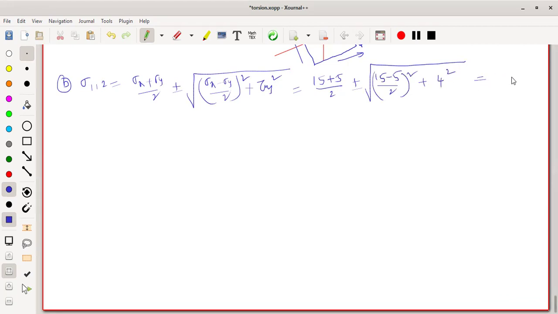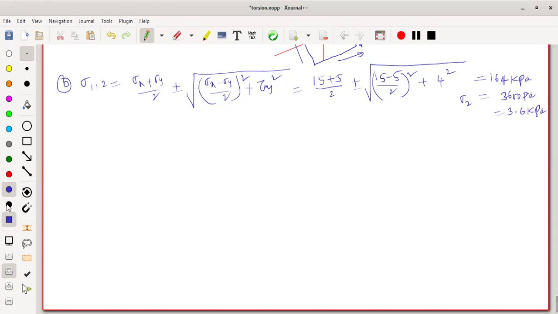So the answer for this one is 16.4 kilopascals. Simultaneously, if you want to go with sigma 2, sigma 2 is 3600 pascals. So you can convert it as 3.6 kilopascals.